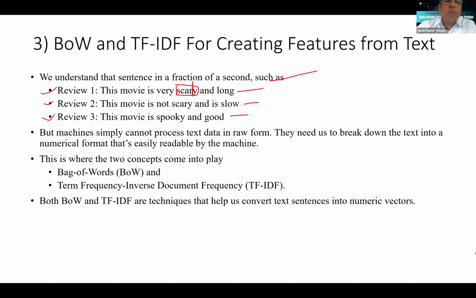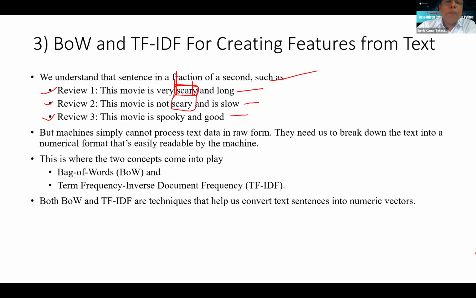But the computer has a little bit of complication. They must understand this thing first in numerical format, and then they have to say from which review it is coming. And you can understand if you have the same words in multiple documents, then it is not going to help you for the final analysis.